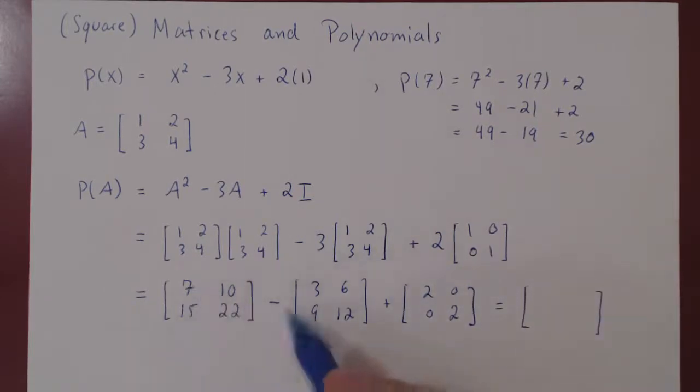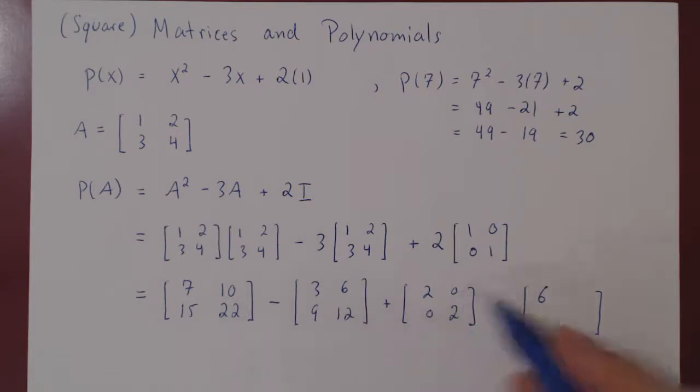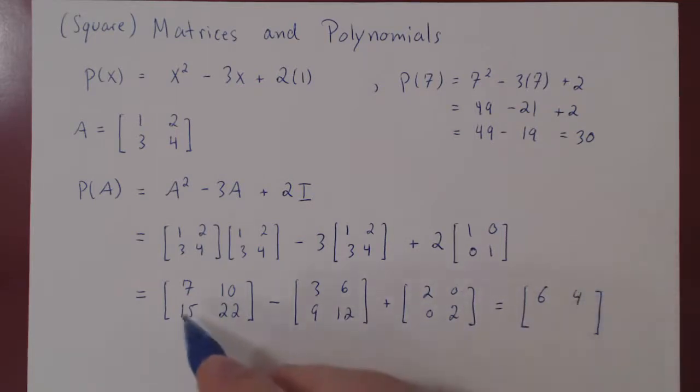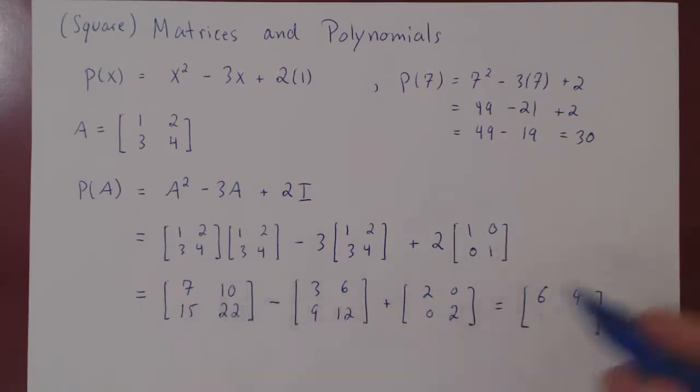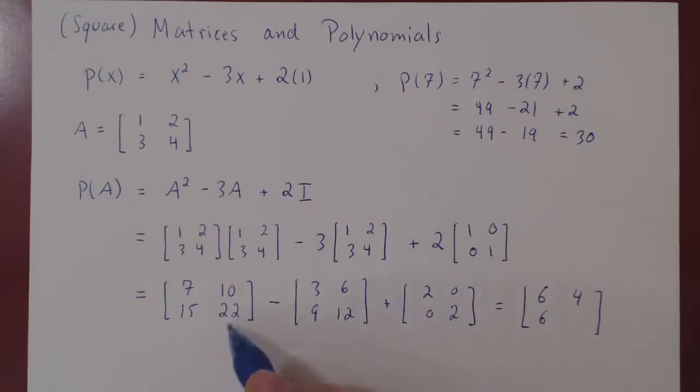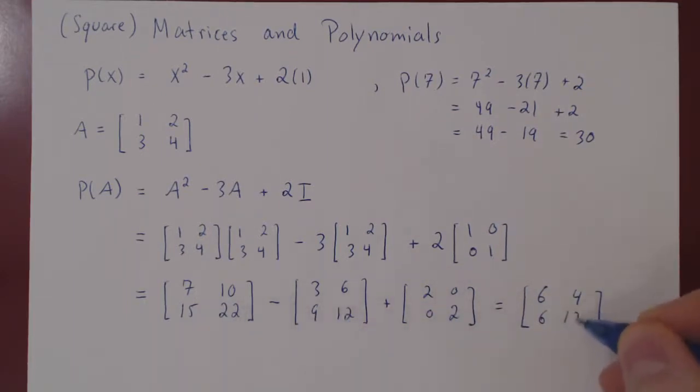And let's see, 7 minus 3, 4, plus 2, 6. 10 minus 6, 4, plus 0, 4. 15 minus 9, 6, plus 0, 6. 22 minus 12, 10, plus 2, 12.